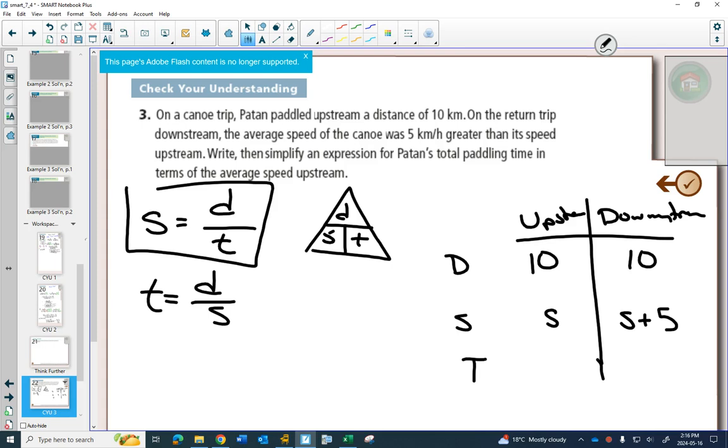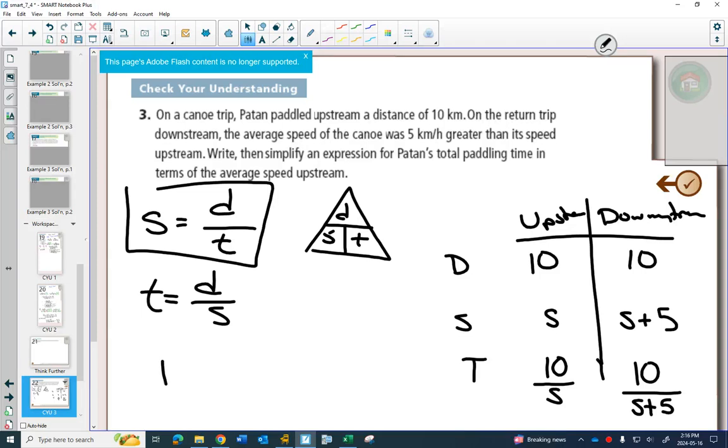Then I rearrange it. So what we can do here is figure out the time for upstream will be 10 divided by s, because time is always distance divided by speed. And the second one will be 10 over s plus 5. What is the total time in terms of speed?